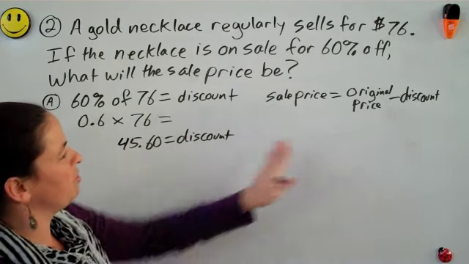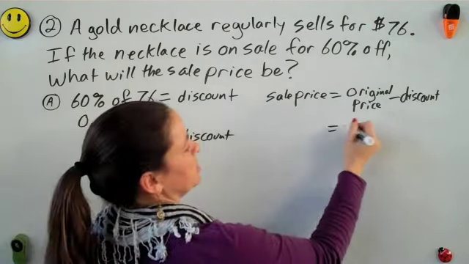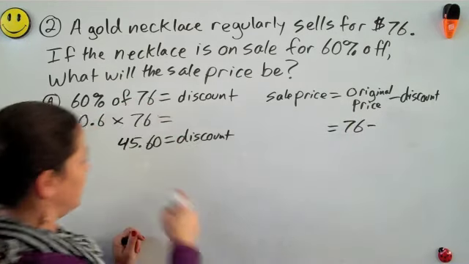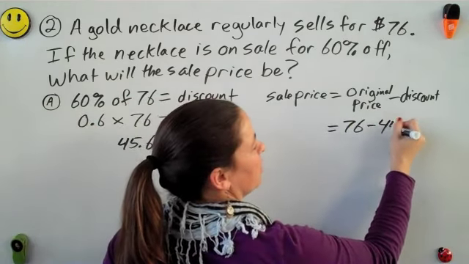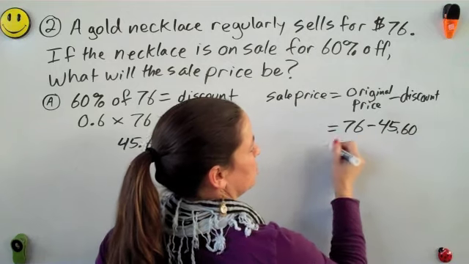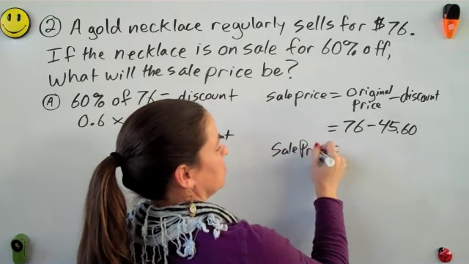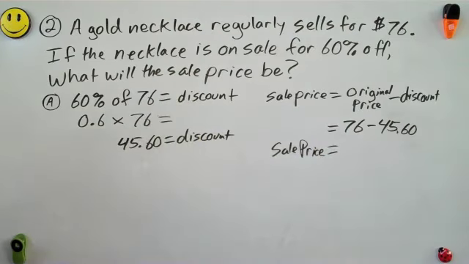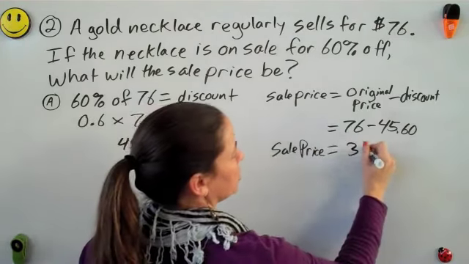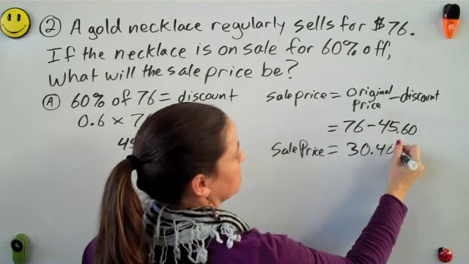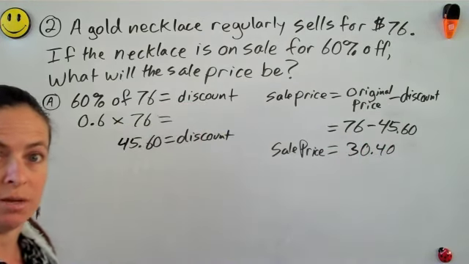We want to figure out the sale price. The original price was $76. The discount is $45.60. When I subtract them, I will get my sale price, and the sale price will end up being $30.40, which you can do by subtraction, lining up the decimal.